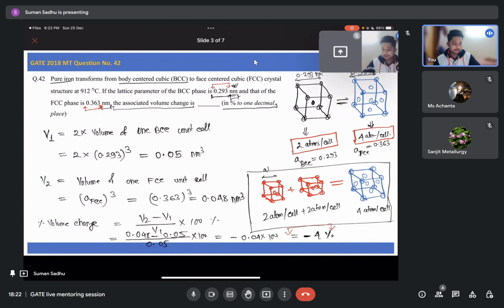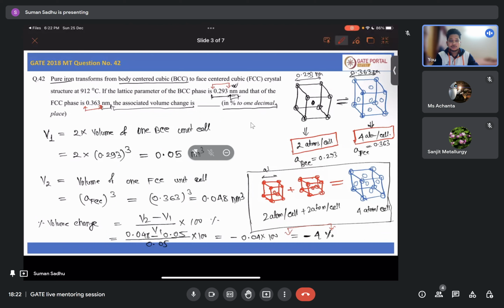That's why most of the hot metalworking is done above the AC1 temperature, in the FCC region, not in the BCC region, because workability will be good when the structure is FCC.